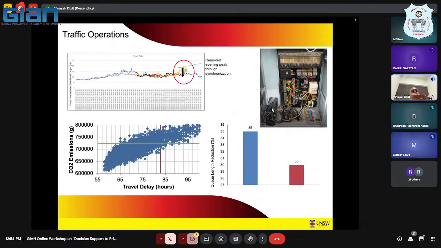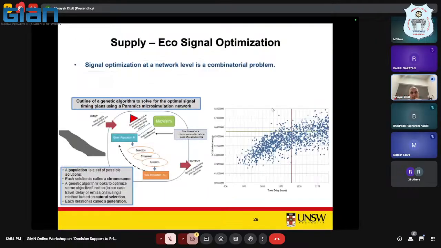Because in eco signal, what you want is less fluctuation in your speeds. You don't want people accelerating and decelerating too many times. But when you're trying to reduce delays, it might make sense for people to stop for short periods of time and then go and then stop again. That won't work in eco signal optimization.